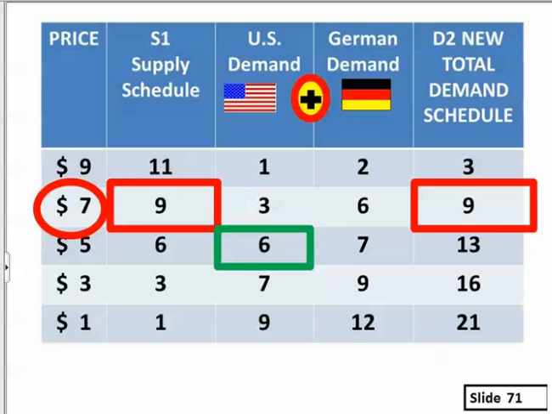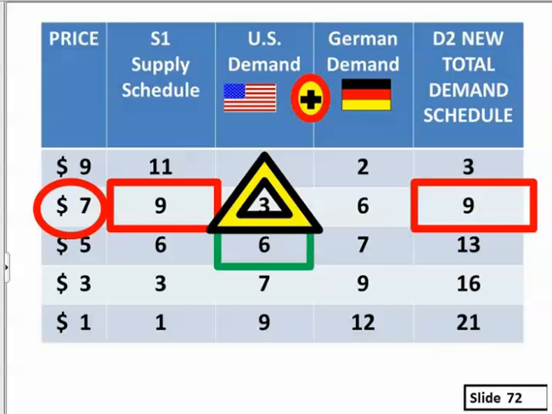Now, the question becomes, how much is the U.S. willing to buy at that new price? Remember, originally at $5, they were willing to buy 6. And again, we're just looking at the U.S. demand schedule where the green block is. Now, at $7, they're not willing to buy 6 anymore.